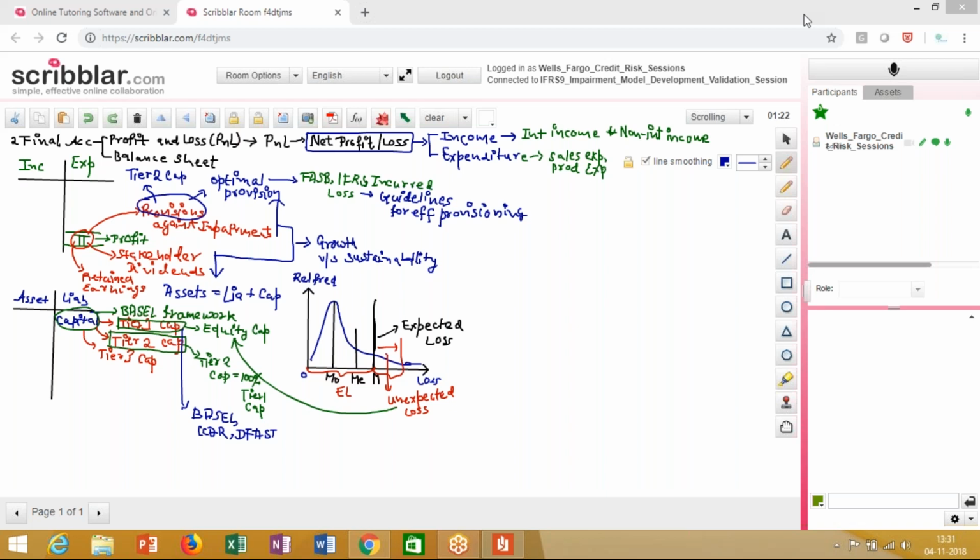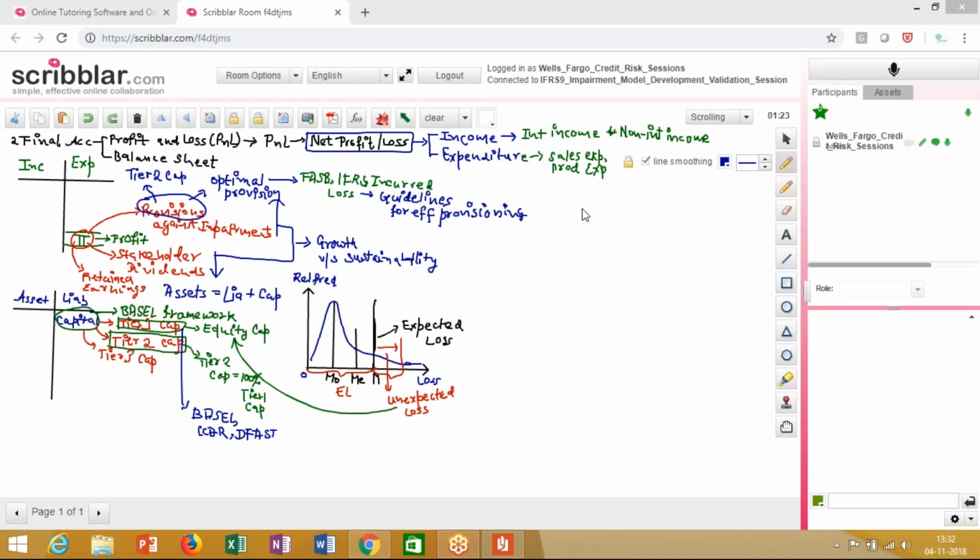Okay. So having laid out this framework, let me talk about the way the provisioning measures, or the provisioning models, have evolved over time. Let me give that background and close the discussion today, and then from there we will take it up in the next class.